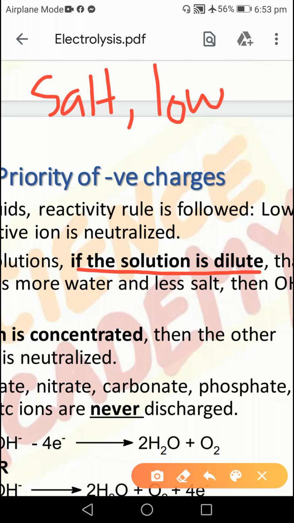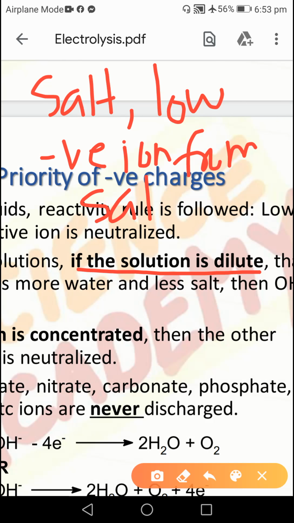So if the concentration of the salt is very low, then the amount of negative ion from the salt also has a lower concentration.